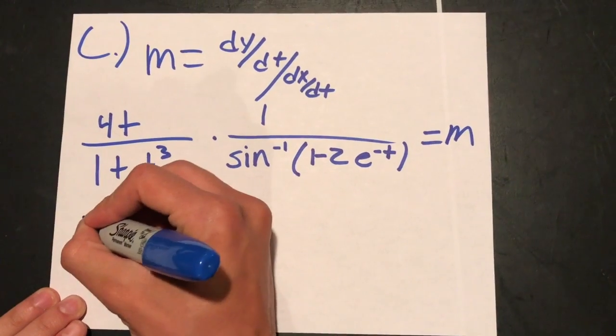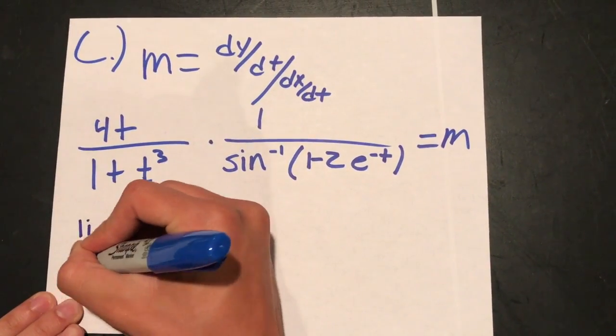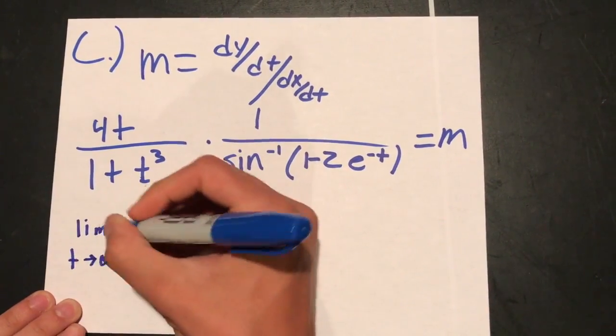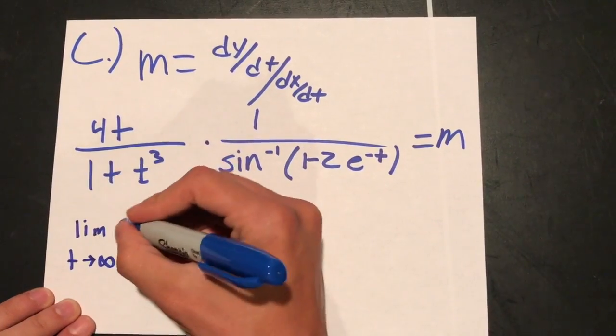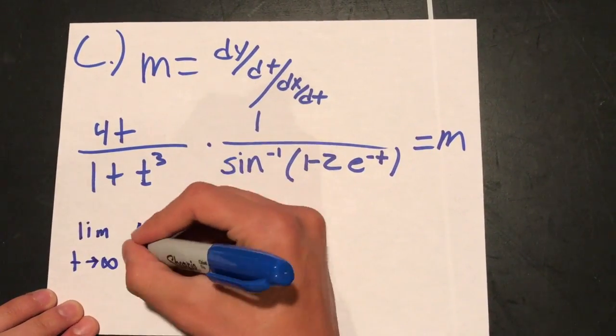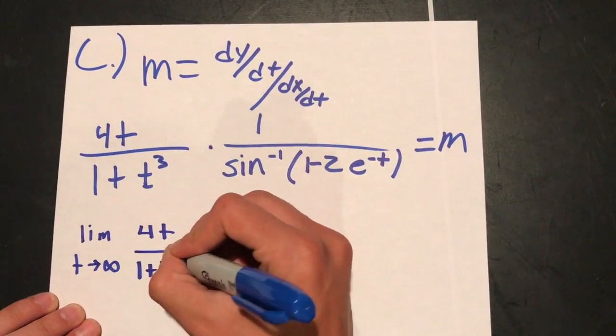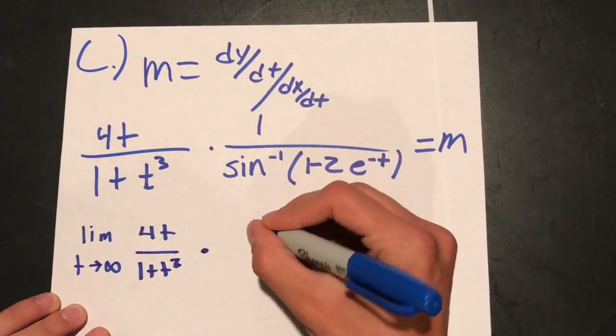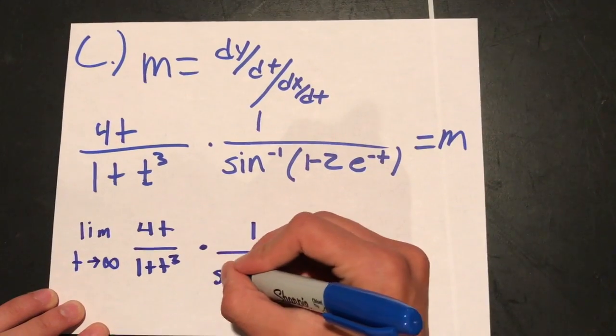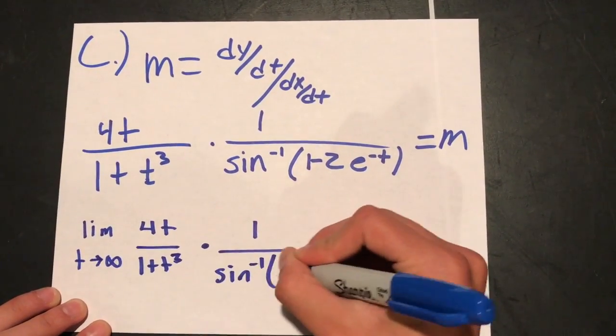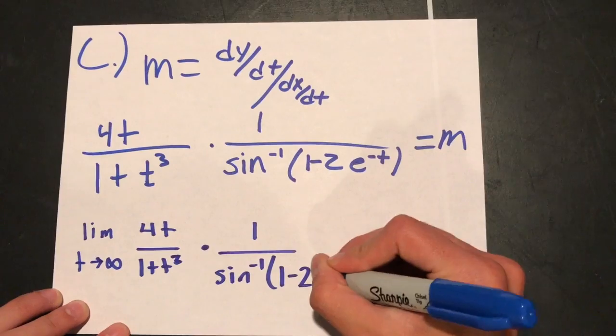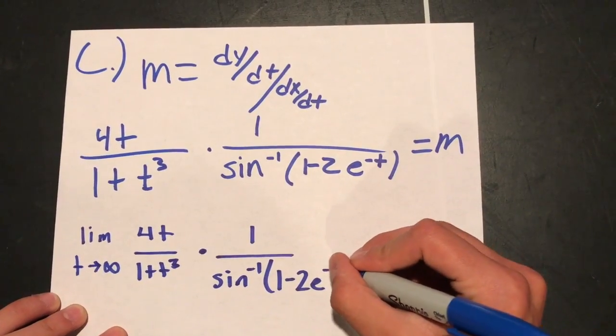So let's write this down. The limit as t approaches infinity of the function we have defined here as 4t over 1 plus t cubed times 1 over the inverse sine of 1 minus 2e to the negative t.